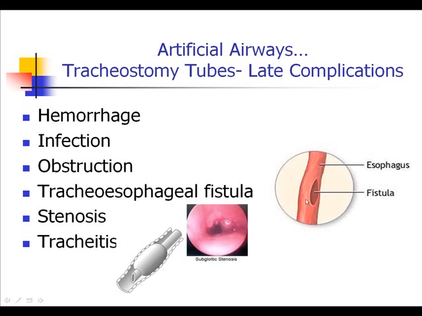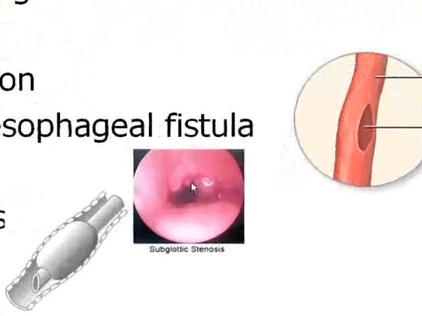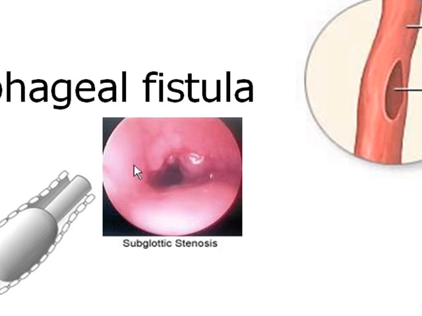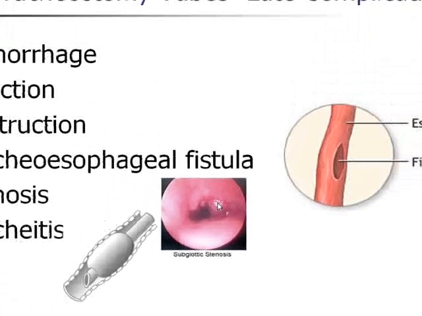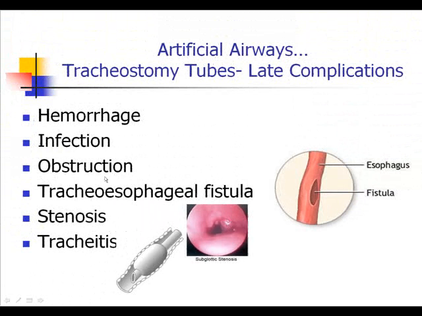This is a picture of the fistula and a hole basically into the esophagus communicating with the trachea. Or you could develop stenosis, subglottic stenosis. In this case, the trachea is now narrowed, so you have an increased resistance in the airway. Or you could have tracheitis, which would also be representative of either swelling or narrowing of the airway.